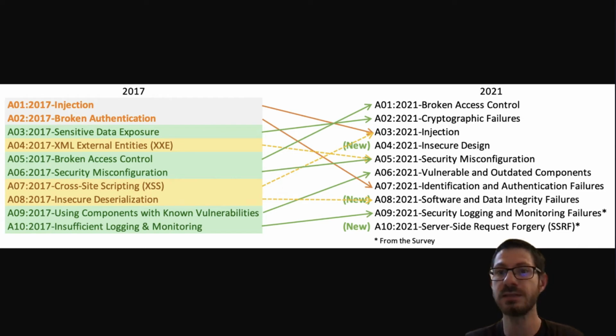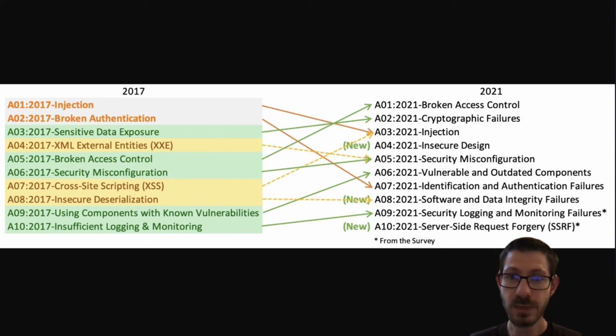And design is at the very beginning of this life cycle, so why not add it to the top 10? It will bring the light on threat modeling a lot. I think that's a good thing because more development teams should do threat modeling before starting the development of the app.